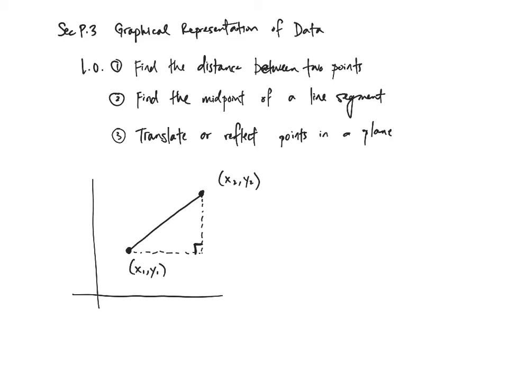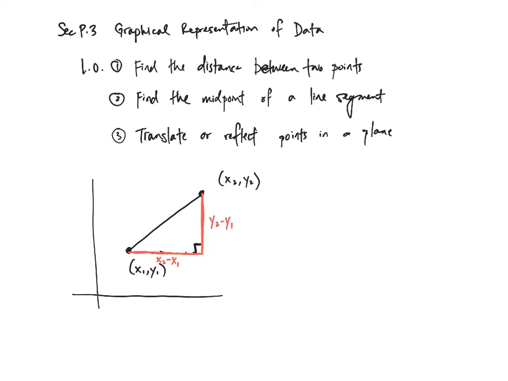So according to the way we labeled our points, this distance horizontally from the first point to the second point is x2 minus x1. And this distance between these 2 points is y2 minus y1.